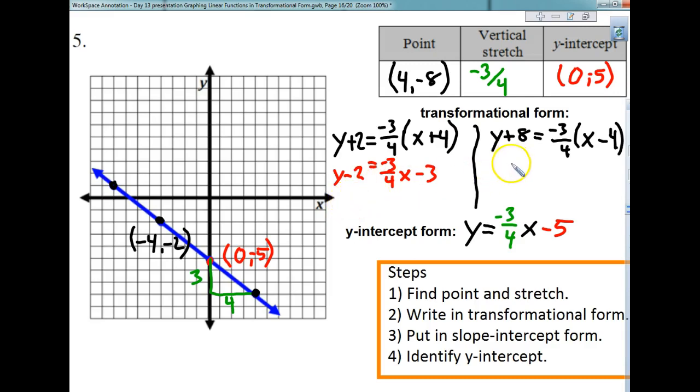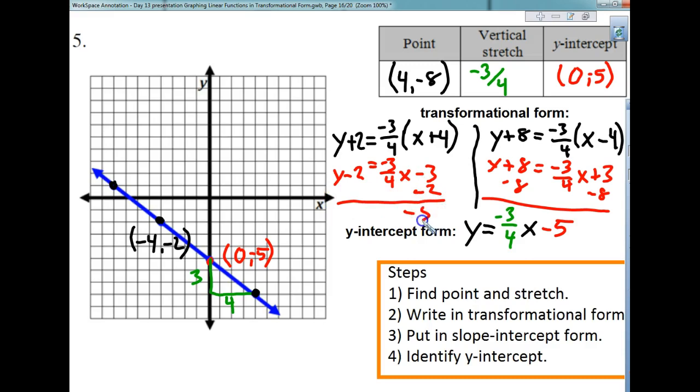Right? And if we did it over here, right, so if we do -8, -8, we get the -5. If we do -2, we'll get the -5.